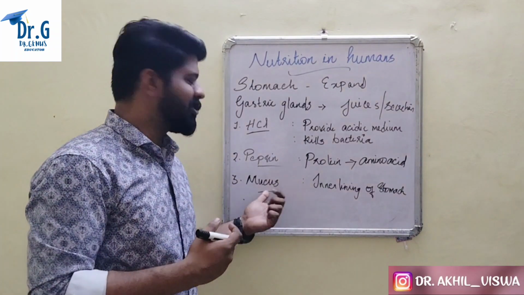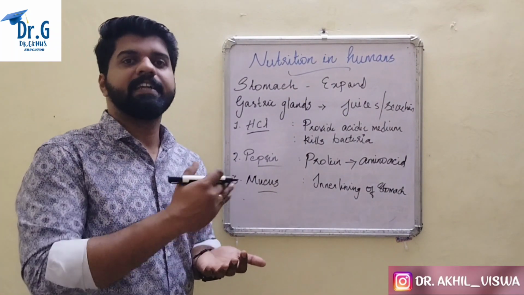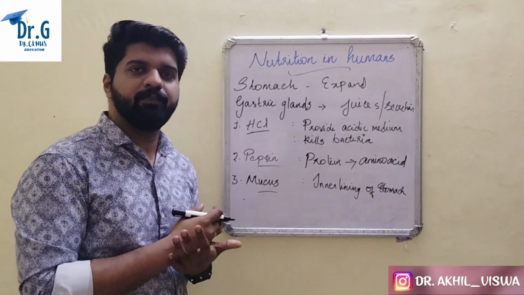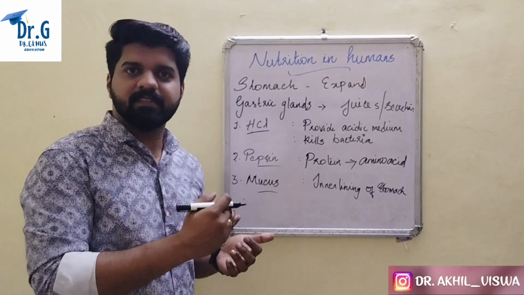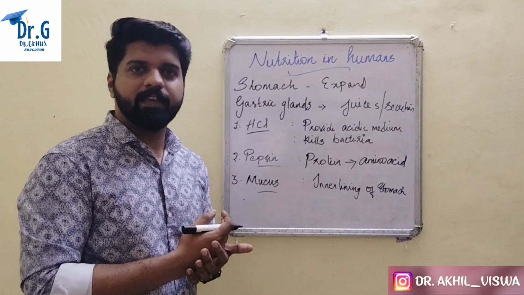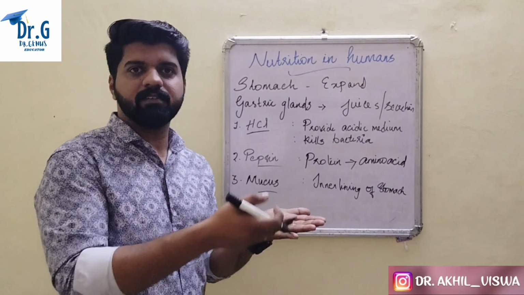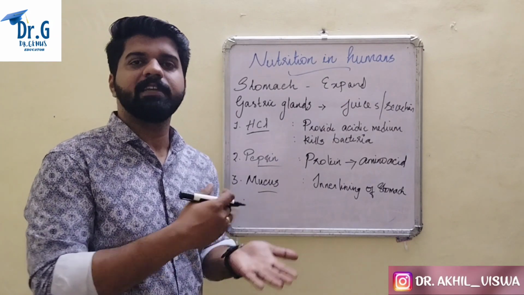Next is mucus, the third gastric juice from the gastric gland which helps in digestion. What is the function of mucus? I already told you HCl is an acid. Acid has the capacity to kill living cells. If we put some acid on our hand, what happens? Our exterior, the epidermis, will be destroyed.